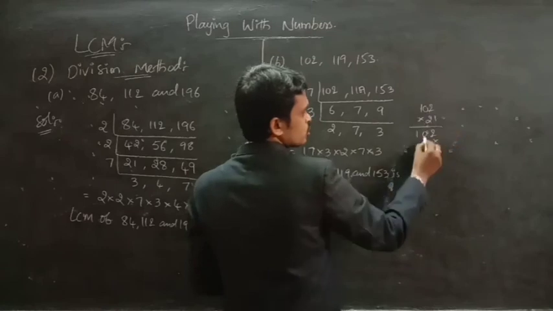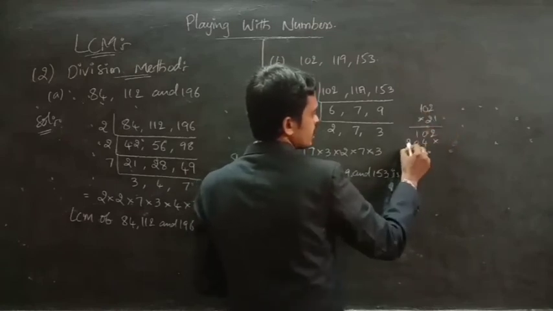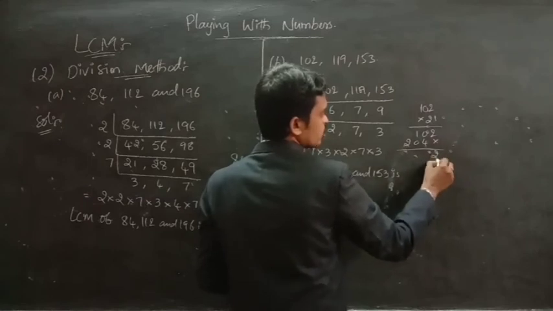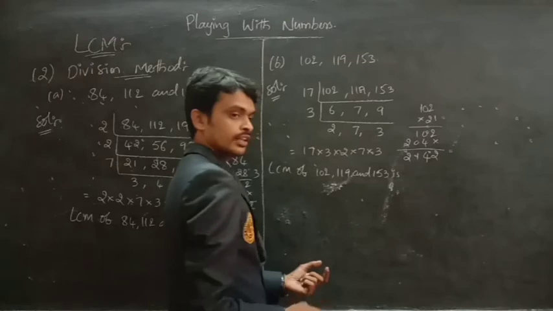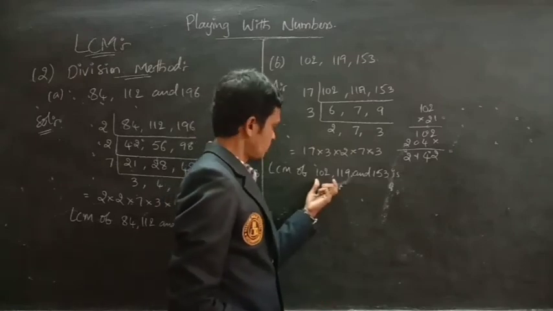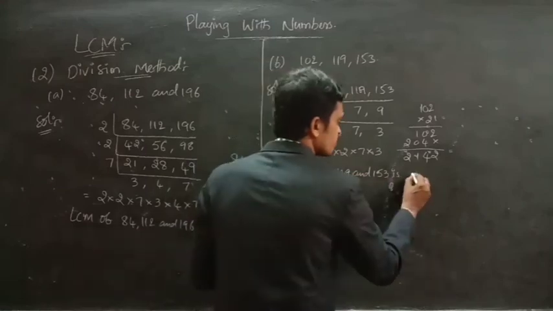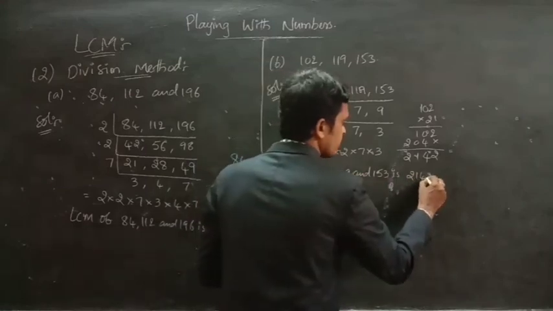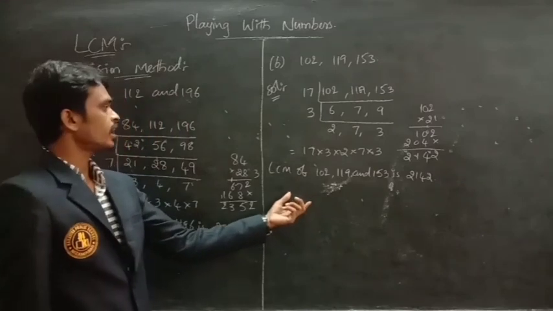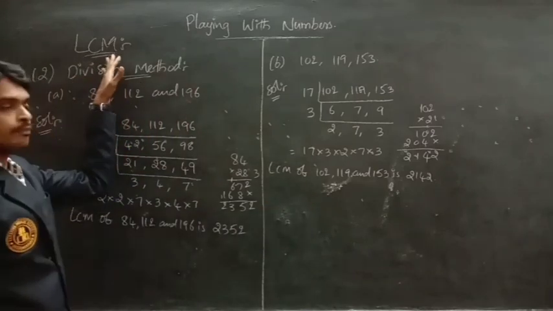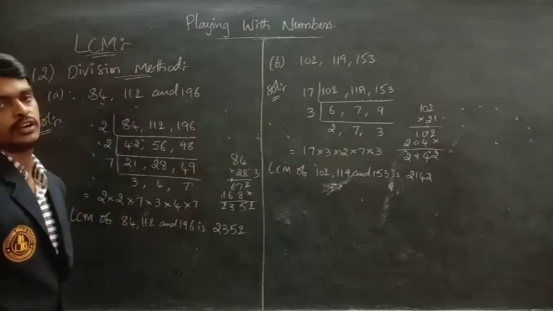Next 2 twos are 4, 2 into 0 is 0, 2 ones are 2. Let us add: 2, 4, 1, 2. Then the LCM of 102, 119 and 153 is 2142. Like this, in this way we will find the LCM of the following numbers by using the division method.